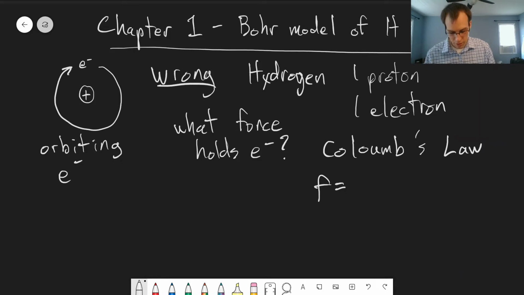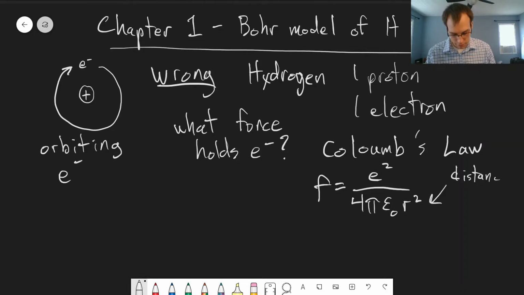The force is equal to the square of the charge of the electron, which just happens to be because the electron and proton have the same charge, over 4 pi epsilon naught. That's mostly just a unit conversion factor, but it depends on 1 over r squared, r being the distance between our two charges. And so we have that force holding the electron there.